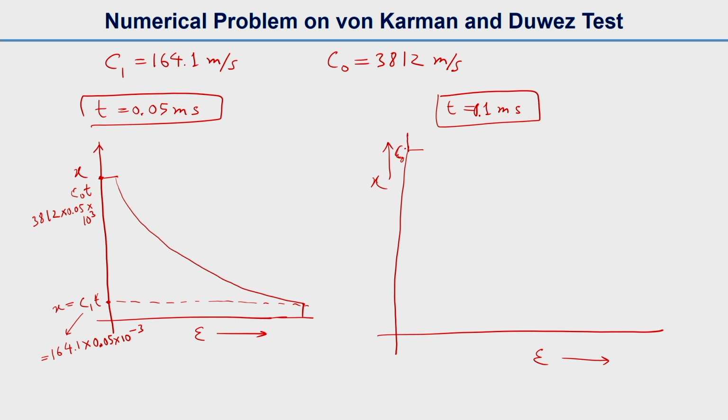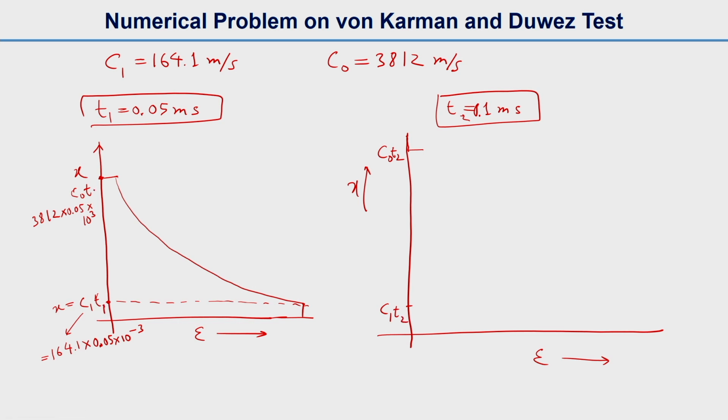So we have C naught t. Let's assume this is t1 and this is t2. If you write it clearly, this will be C naught t2 here, and this is x, and this one will be C1 t2 here.